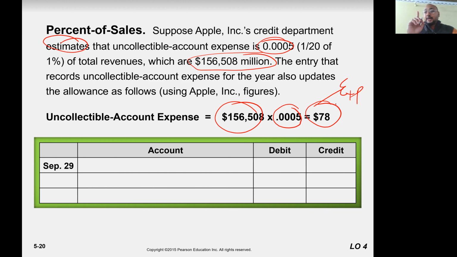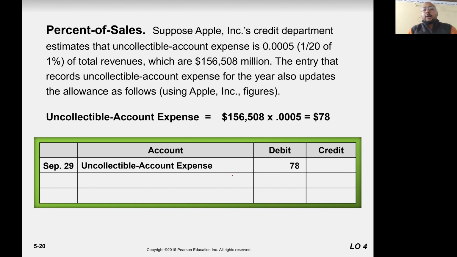When expense increases, debit. So what is the corresponding account? It is the allowance. So uncollectible expense to uncollectible accounts allowance.